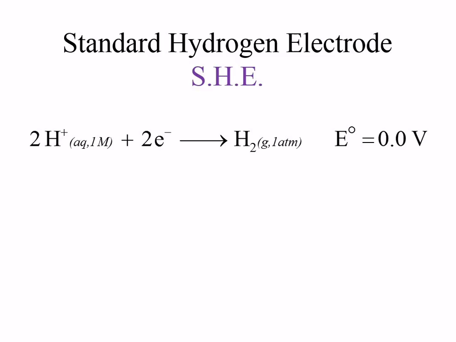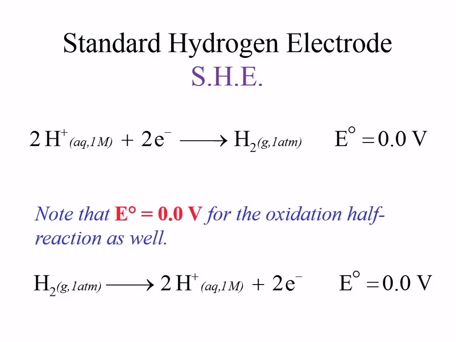Standard hydrogen electrode, the SHE, that was the one I told you to circle. Notice that that's the reduction potential. The oxidation potential is also 0, but it's going the other way, from a 0 to a +1 oxidation.